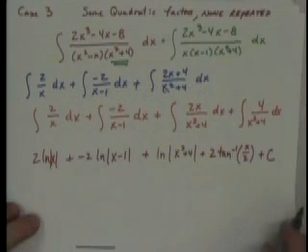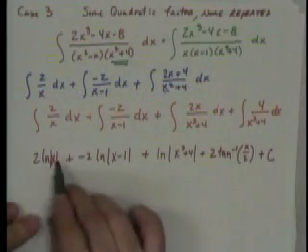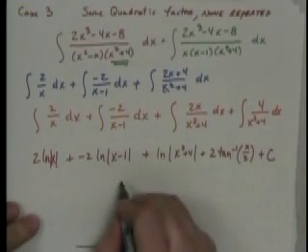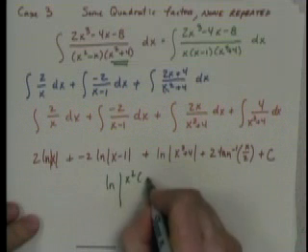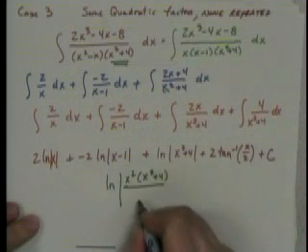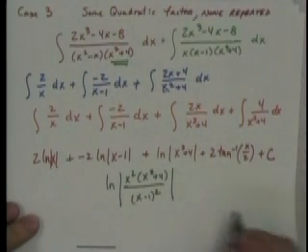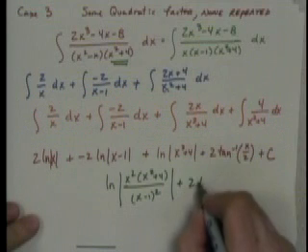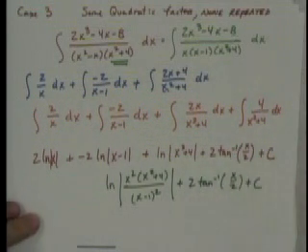It's very possible that either in the calculator or in the answer in the back of the book, they're going to put these logs together. The 2's are going to go in as squares, so it's the natural log of x squared times x squared plus 4 divided by x minus 1 squared, plus 2 times the inverse tangent of x over 2 plus c.